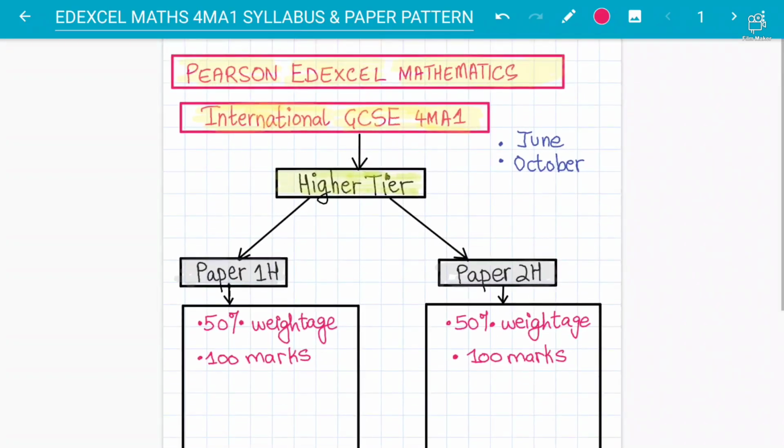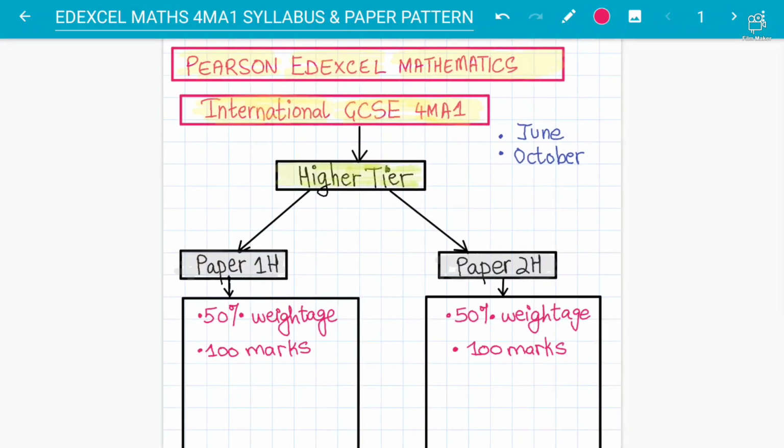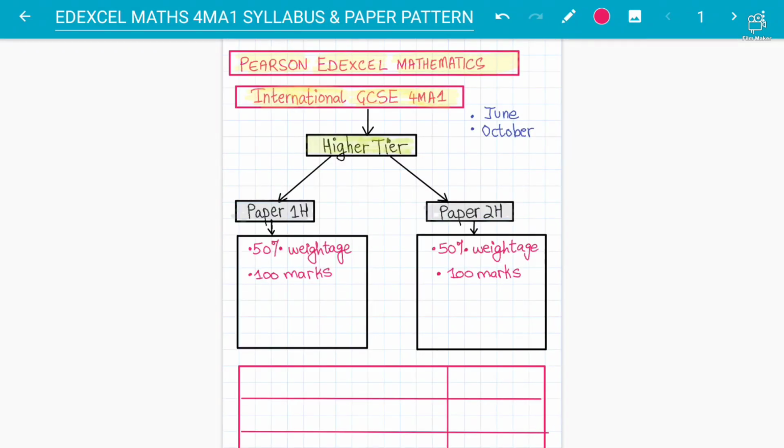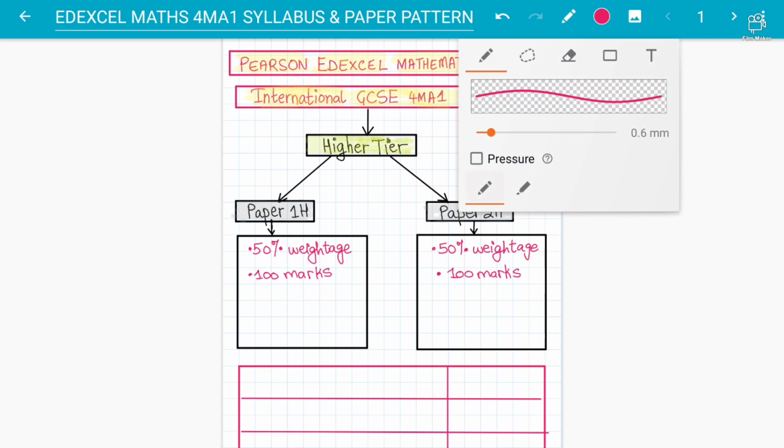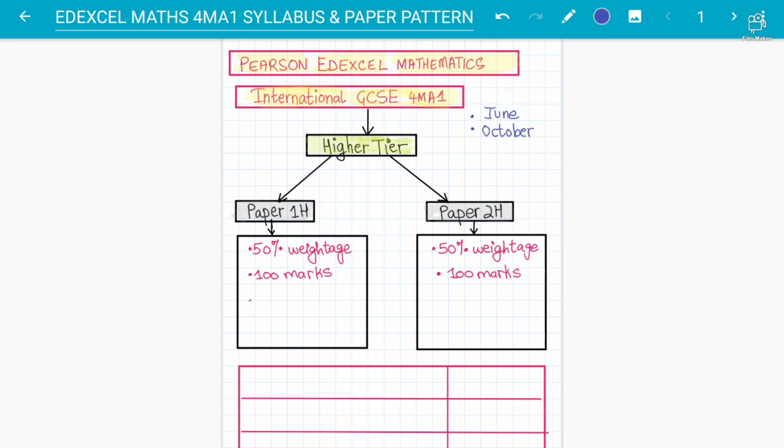Another important thing that students should understand is that all the topics are tested. It is not like paper 1H will be testing some topics, and whatever topics do not appear in paper 1H will be tested in paper 2H. So students have to prepare for all the topics. Based on experience and on the past papers of 2022, 2023 and recent papers, they test around 22 to 25 questions, each of different marks.